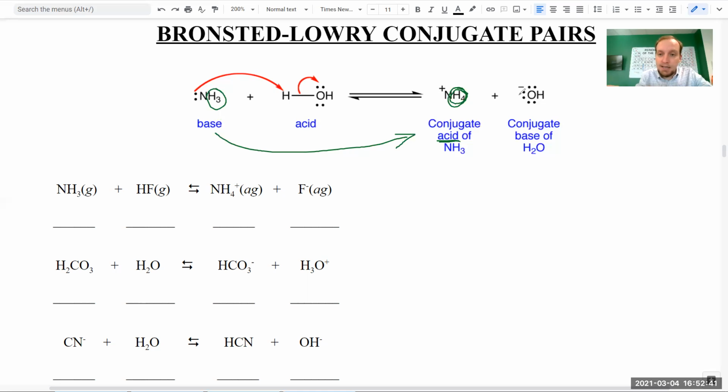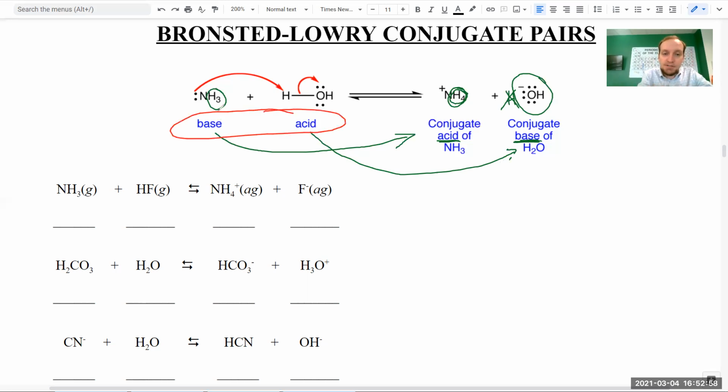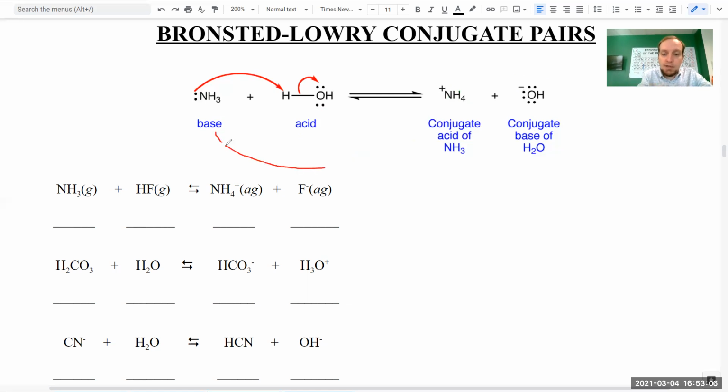Well, this has lost the H, so there was no H here, right? That is gone. Therefore, it's going to be the basic form. Again, that's not too surprising because it's OH minus, but the acid will become a conjugate base. So like I said before, these two will be opposite. These two will be the opposite. And this one, I'm just going to clear all that. The base will become the conjugate acid and the acid will become the conjugate base.